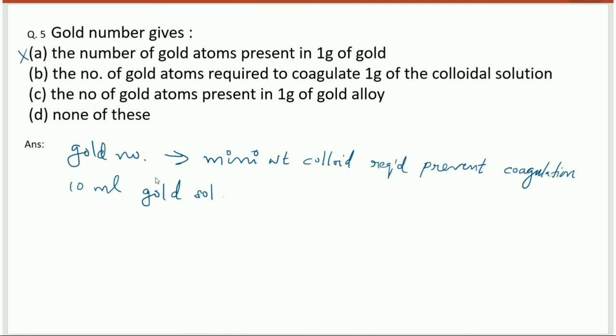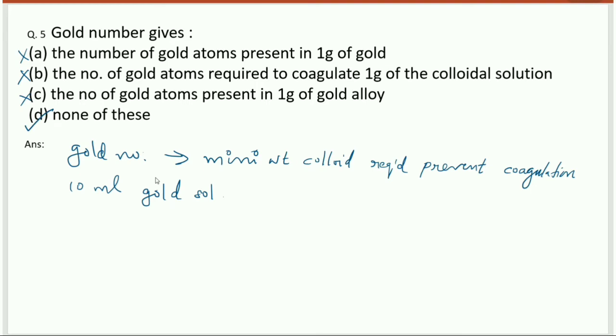The number of gold atoms required to coagulate 1 gram of colloidal solution, that's not true, because gold number is the weight of colloid required to prevent the coagulation of 10 ml gold sol. And option C is the number of gold atoms present in 1 gram of gold alloy. So the correct answer is none of these.